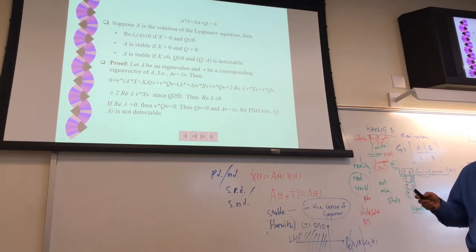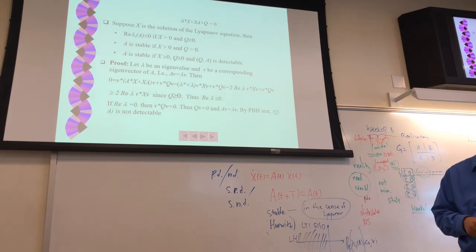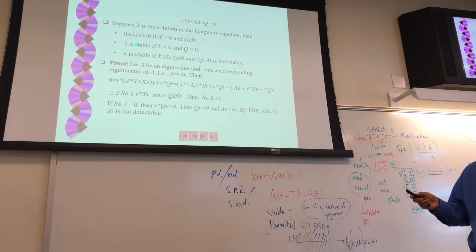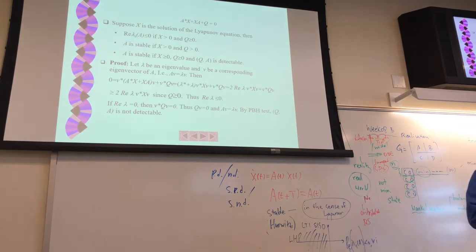There are very interesting algorithms to solve this, given A and Q, then you can solve X. Then you give any Q that is semi-positive definite, then you check whether the solution X is positive. If yes, A is a stable matrix, and x dot equals AX is a stable system. So it is stable if X is positive definite, and Q is positive semi-definite and this is also detectable. So all these conclusions are very interesting connections.